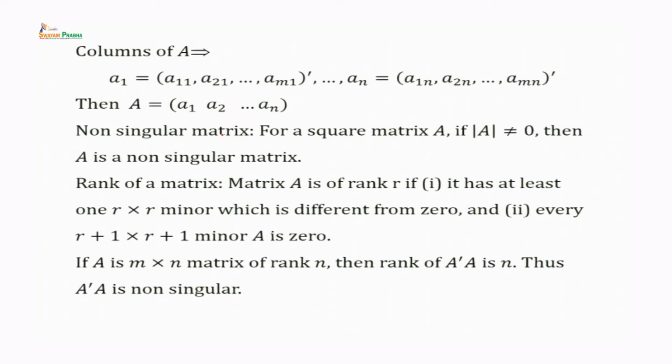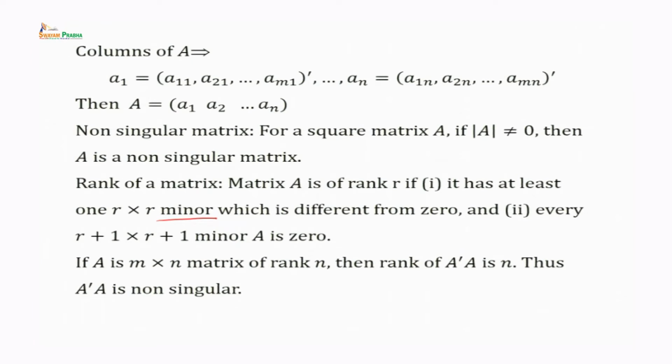Non-singular matrix. For a square matrix A, if the determinant of A is not equal to 0, then matrix A is a non-singular matrix. Rank of a matrix: suppose matrix A is of rank R. It means the matrix A has at least one R cross R minor which is different from 0. And how do you get this minor?